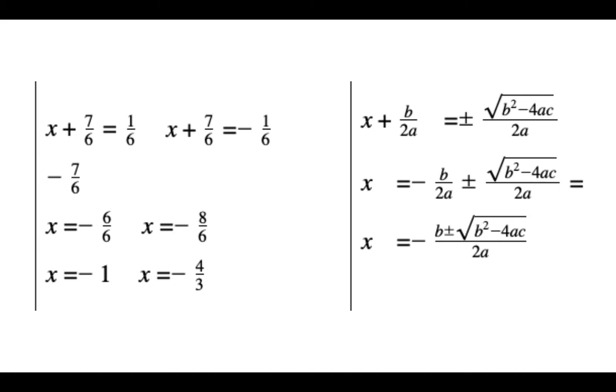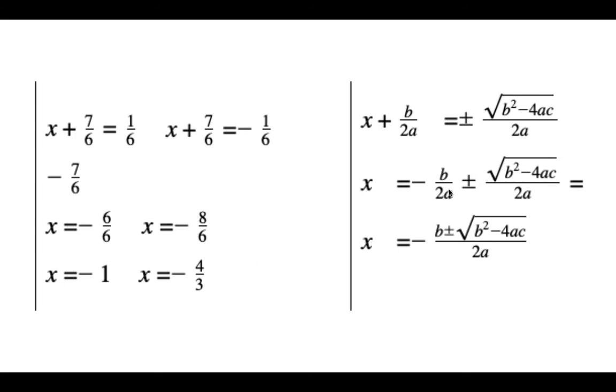Now, last step. I'm going to subtract 7/6 over here. And 1/6 minus 7/6 is negative 6/6, or negative 1. And negative 1/6 minus 7/6 is negative 8/6, which is negative 4/3.